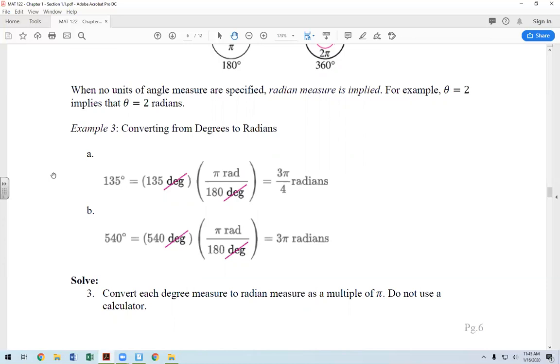So you will put your answers in simplified fraction, and then the pi will stay as pi. Unless we're doing calculations, we will not need to convert that pi into a decimal approximation. So same thing here with 540 degrees. You're basically dividing the 180 into 540, which ends up giving you the 3 pi.